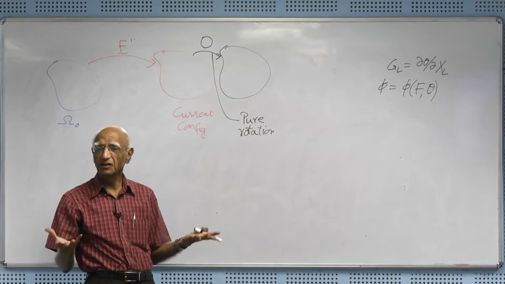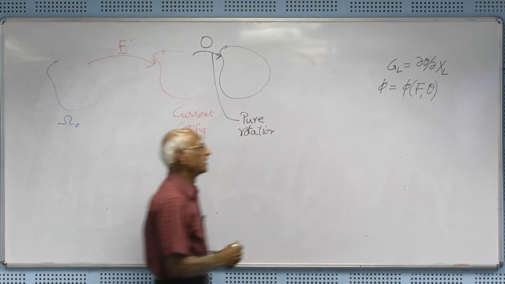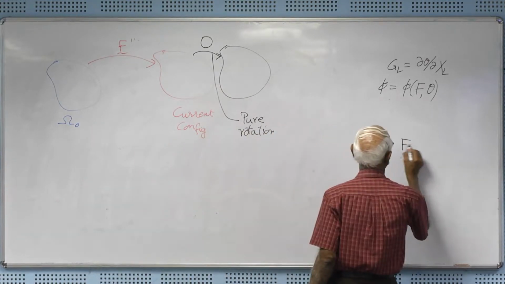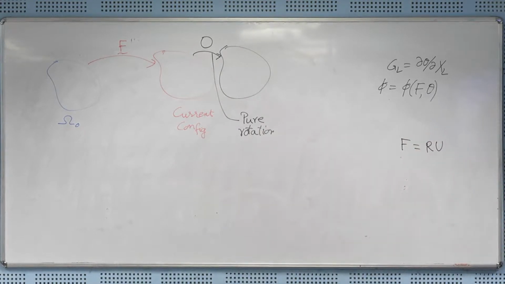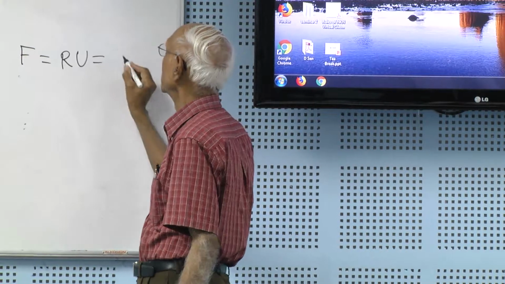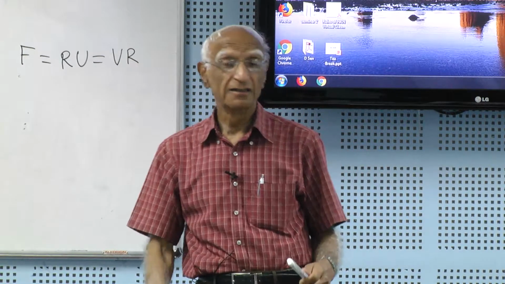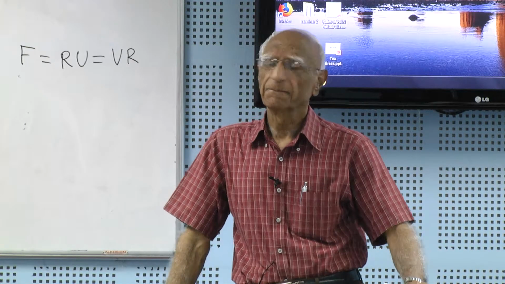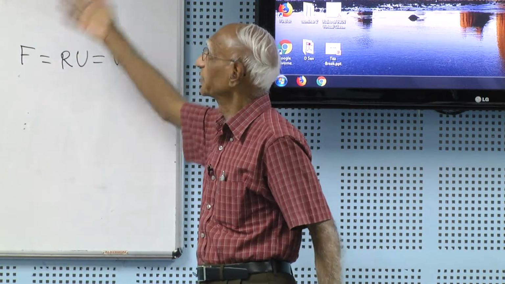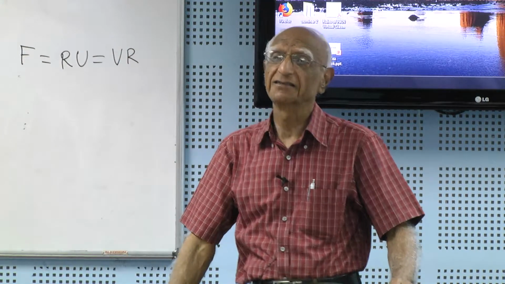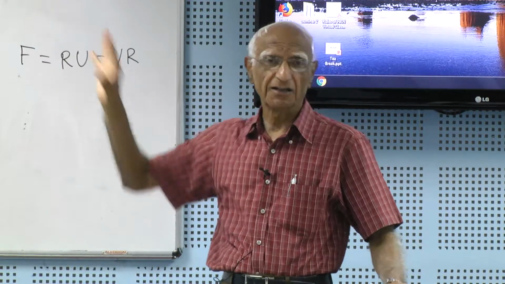It's an orthogonal matrix. I don't want to use R because we used F equal to RU, polar decomposition theorem, equal to VR. So, I don't want to use R. So I can use either O or Q, but again Q will be confusing because we just said Q was heat flux. So, this is an orthogonal matrix.